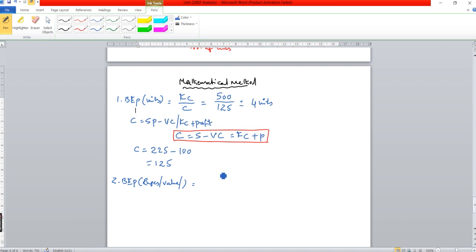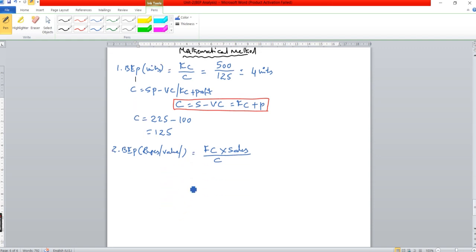Using this formula: fixed cost into sales divided by contribution, C. When the data is in terms of value only, we can use this formula. So we need to convert the unit data into value. Then only we can use this formula.